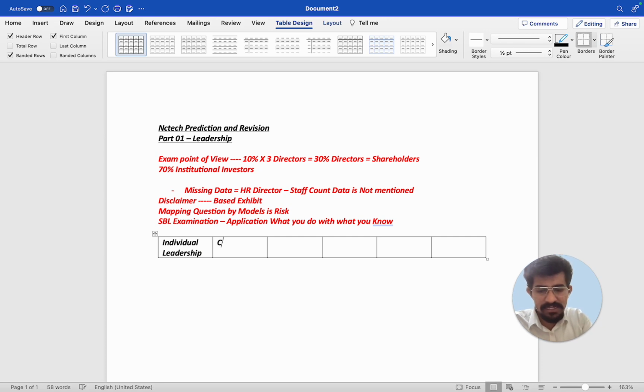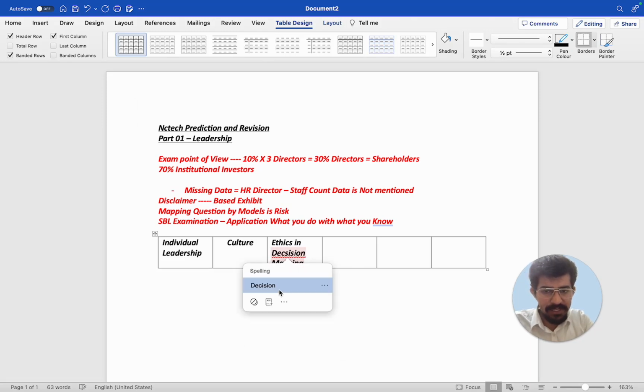Then culture, a very important area, and I will be doing more on it in the BT section and the technical articles. Then ethics in decision making, one more area to keep in mind for the exam.